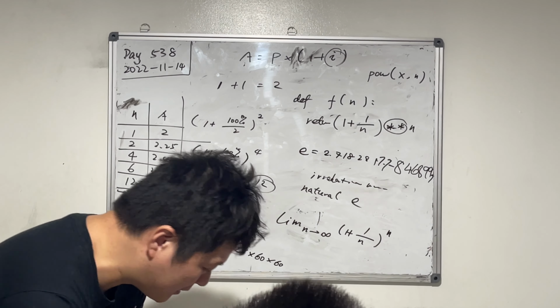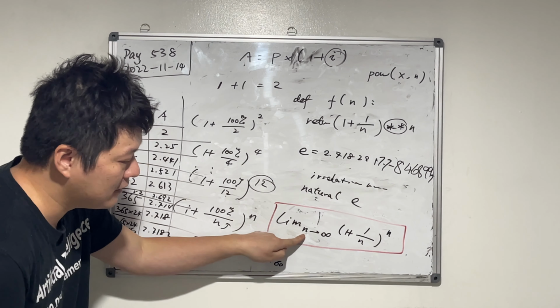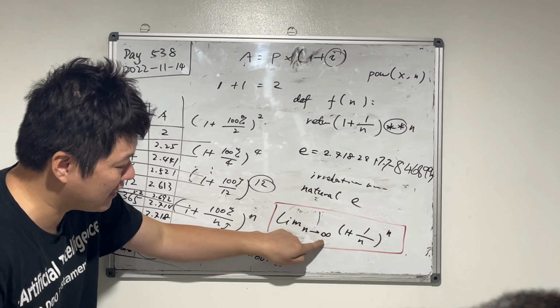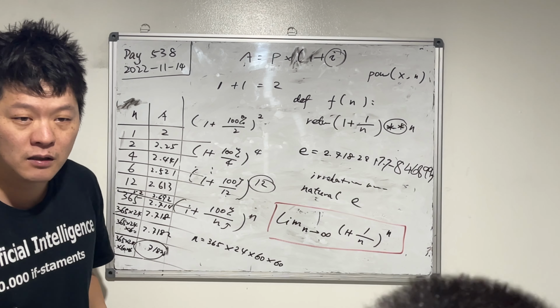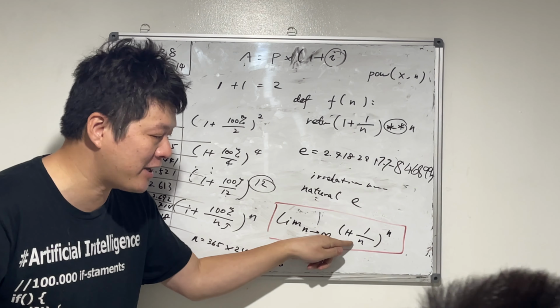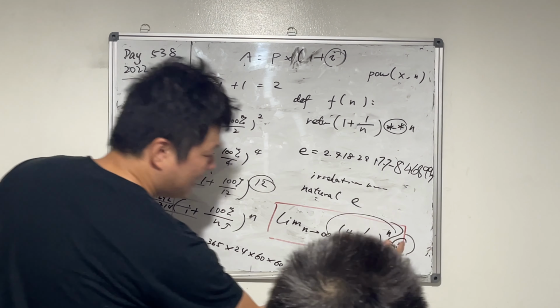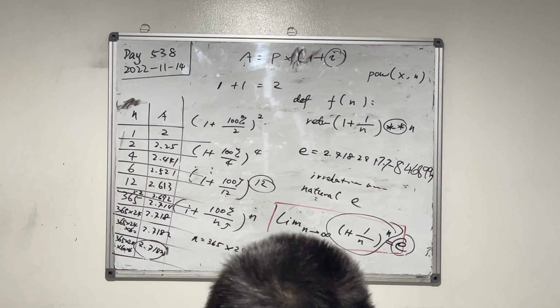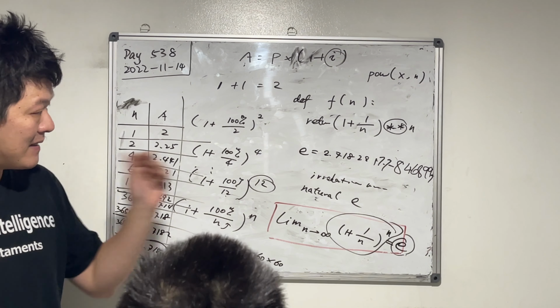The most important thing to take away here: when n approaches infinity, what does this infinity mean? It means carrying on. When n approaches infinity, this value, 1 plus 1 divided by n to the power of n, is E. So what's E? E is that number.